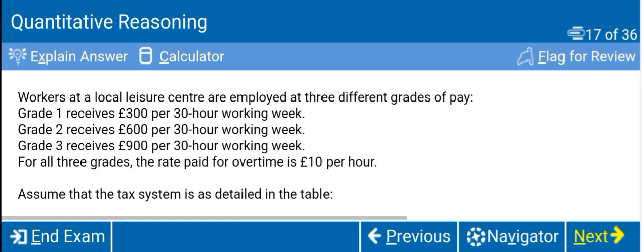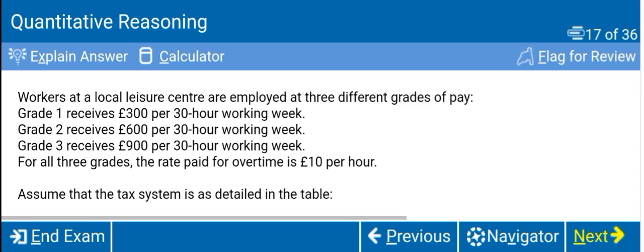Grade 2 receives £600 per 30-hour working week. Grade 3 receives £900 per 30-hour working week.